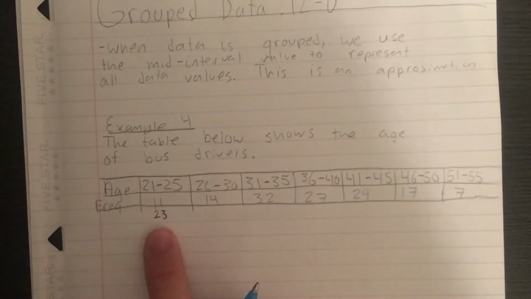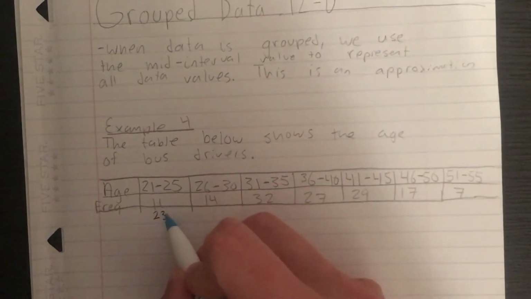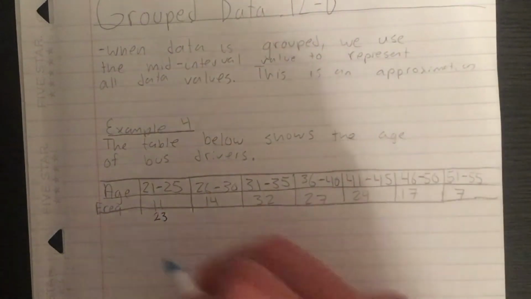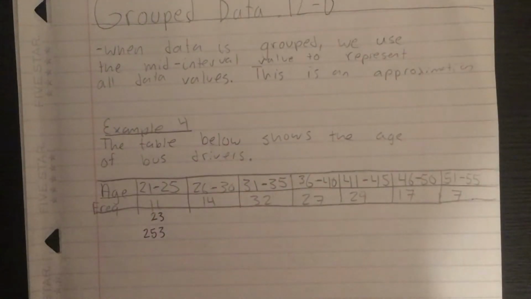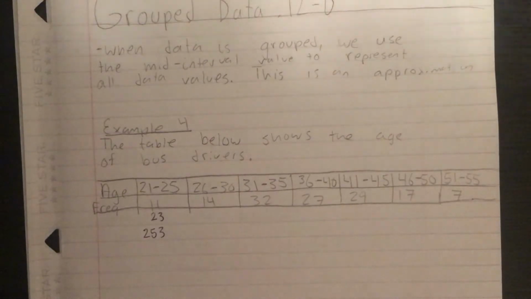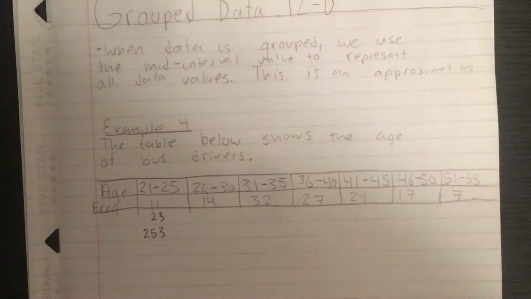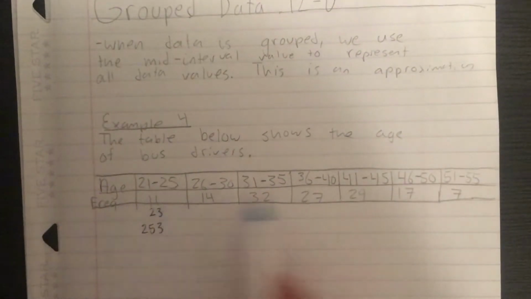So we're going to say everyone in here on average is 23 years old. So in total, if we multiply those things together, 11 times 23, that's going to give us 253.